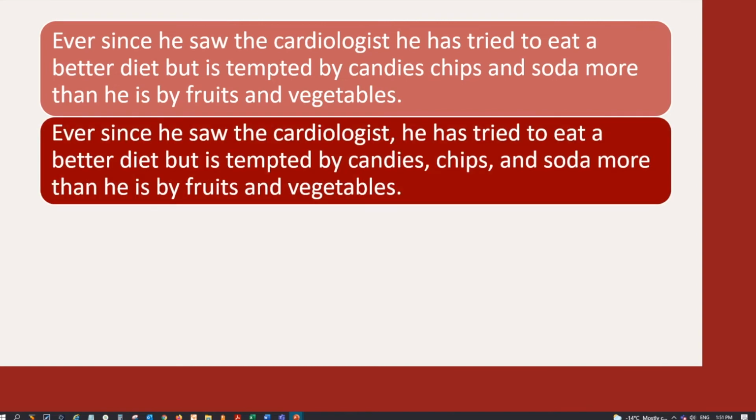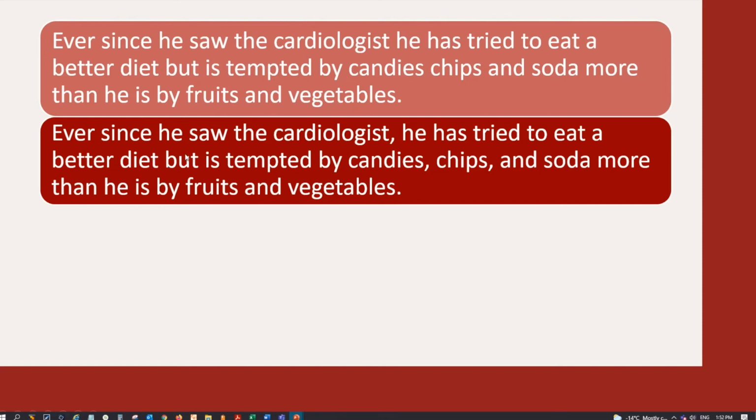Okay, so if we want to pick this apart, ever since he saw the cardiologist is going to be our introductory element because he has tried to eat a better diet. That's a complete sentence on its own. So ever since he saw the cardiologist is an intro, but it's longer than 4 words. Even though it says when, it's longer than 4 words. We're going to set it off with a comma. He has tried to eat a better diet, but.